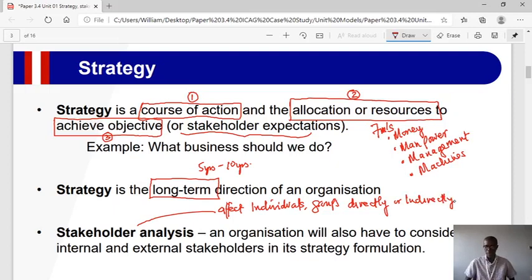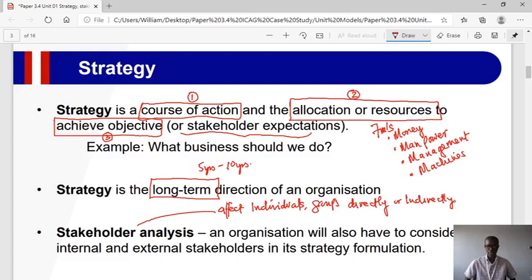So an organization will have to consider its internal and external stakeholders and even connected stakeholders and how they will be affected by strategy, so that the strategy may seek to address their concerns and be more acceptable to the stakeholders. And we'll be looking at stakeholder analysis in more detail soon.